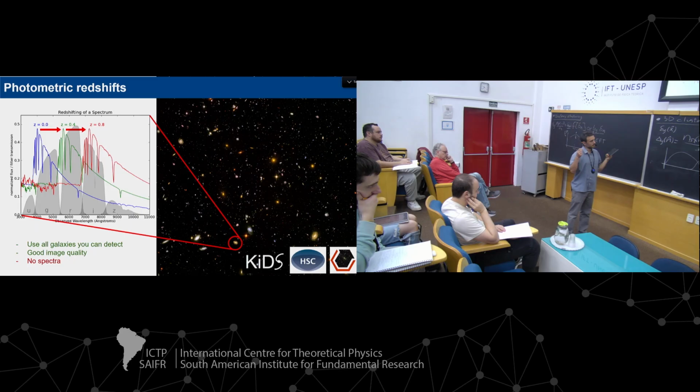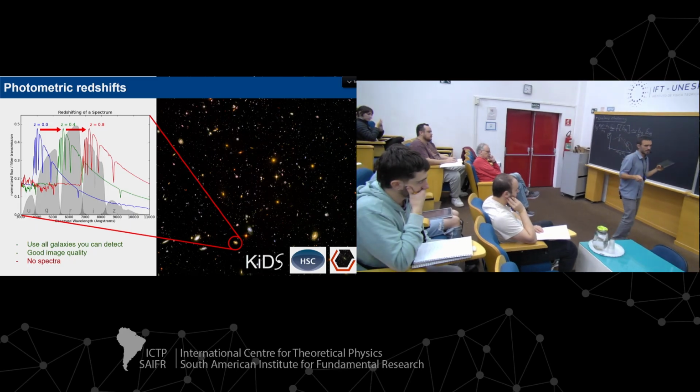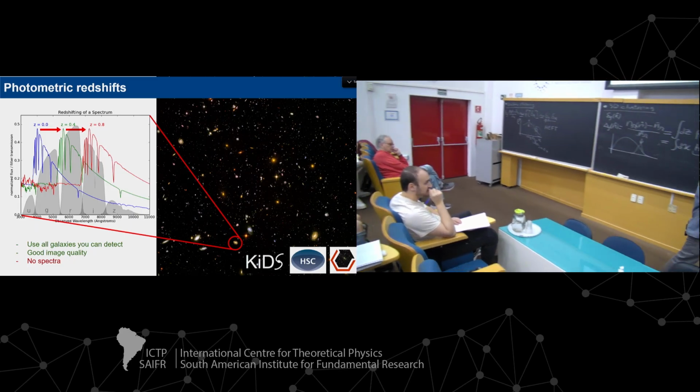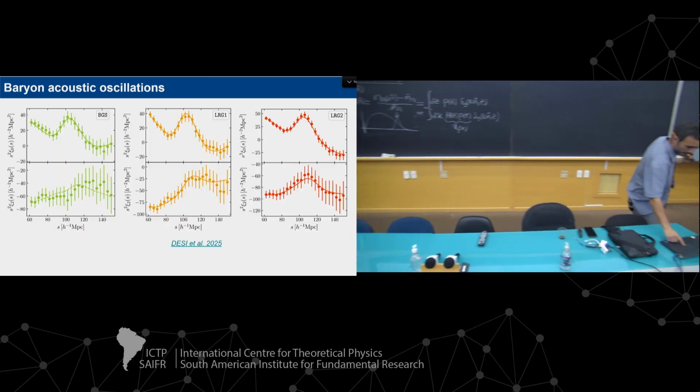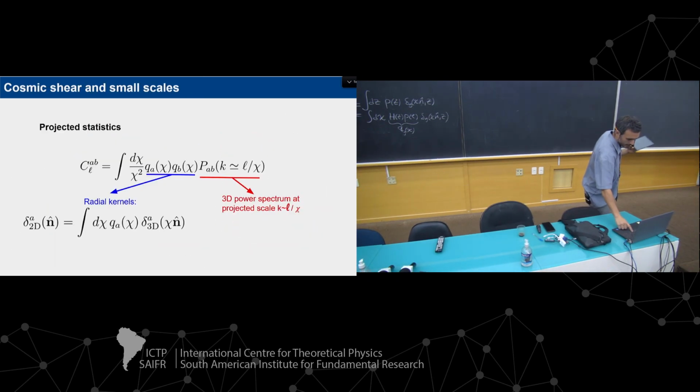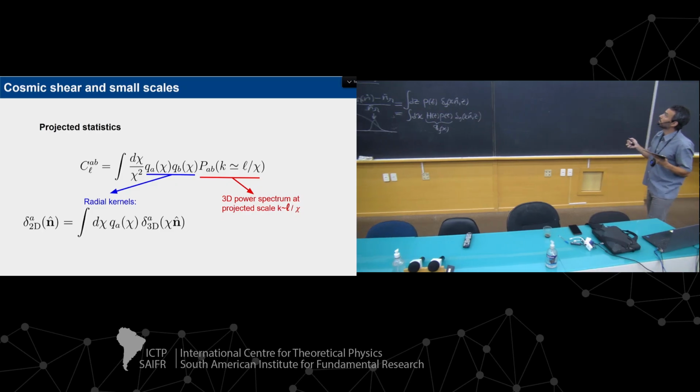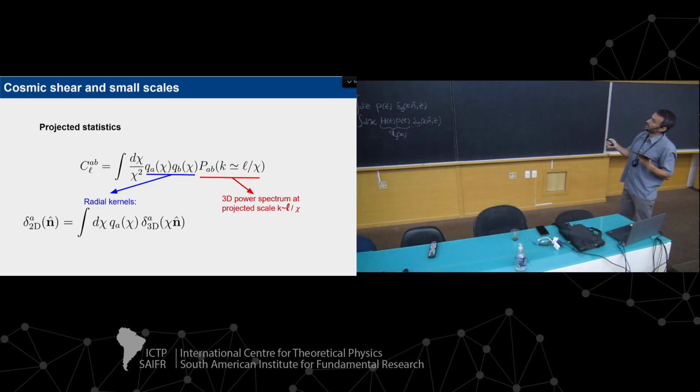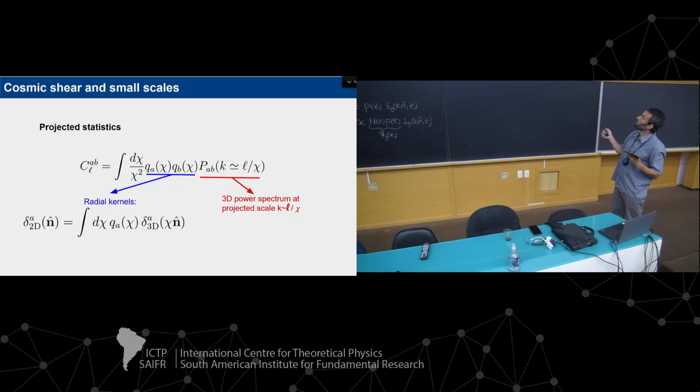So the first thing is, remember, if I go back to my very old slides, if we look at the angular clustering of these galaxies, we need to go back to the Limber equation that we had here. And remember that a given angular scale is related to a physical scale by simply dividing by the comoving distance. If our kernels now are narrow kernels, then we actually know to some extent what the distance to these galaxies is, right?